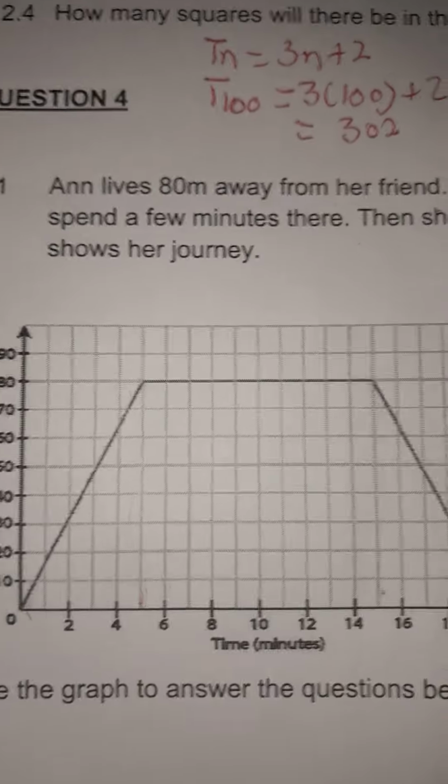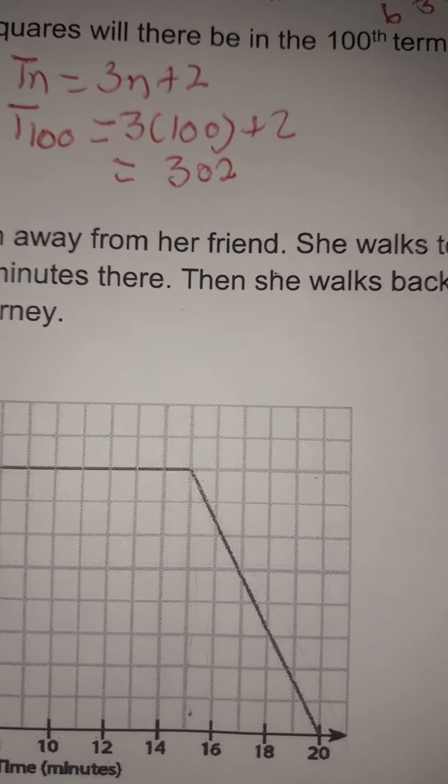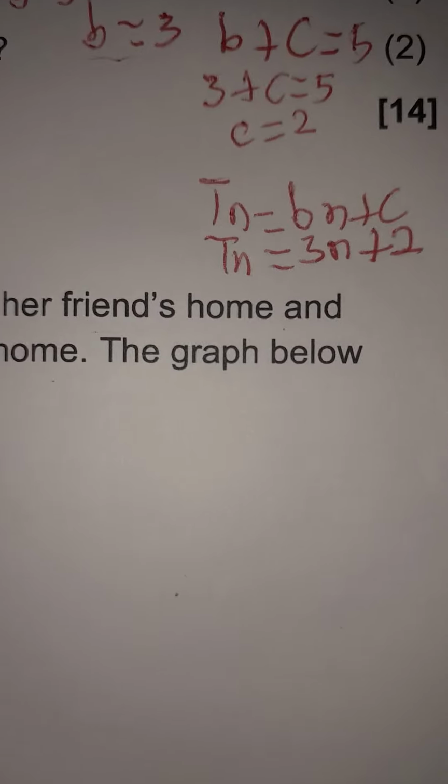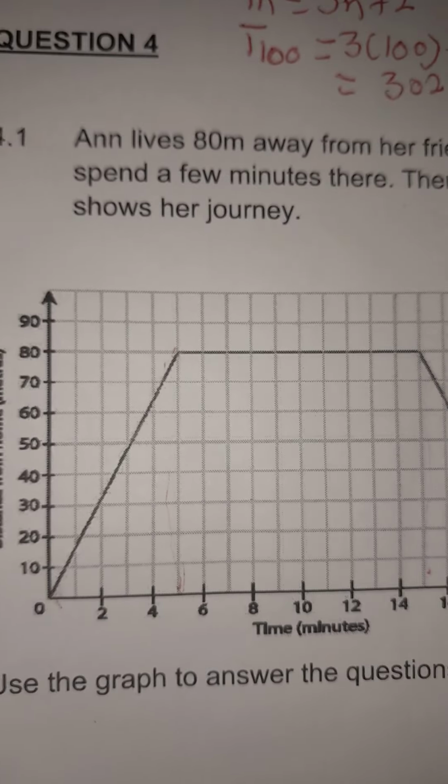N lives 80 meters away from her friend. She walks to her friend's home and spends a few minutes there, and then she walks back home. The graph below shows her journey.